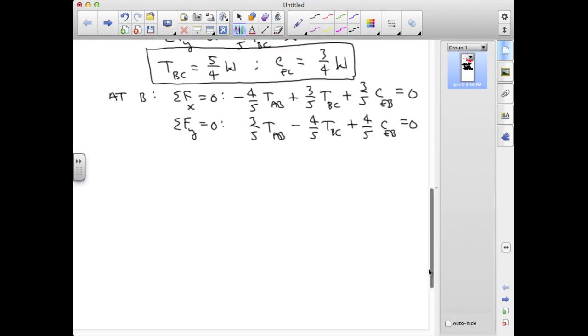Now I can take the result for TBC and substitute that in and get 2 equations in the 2 unknowns, TAB and CEB. The x component equation becomes minus 4/5 TAB plus 3/5 compression in EB is equal to minus 3/5 TBC, which is minus 3/4 W. We'll call that equation 1.